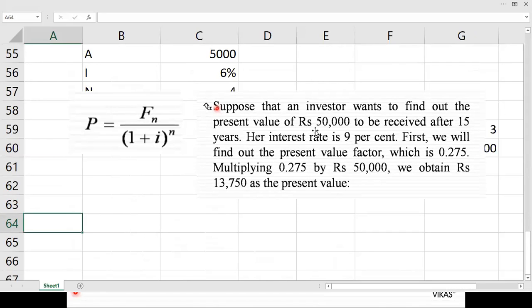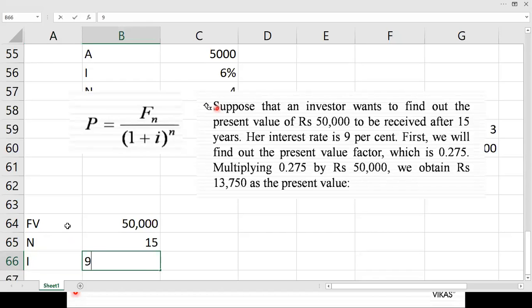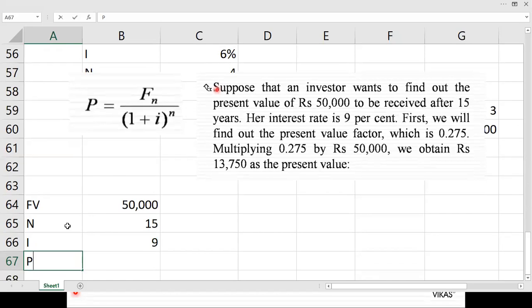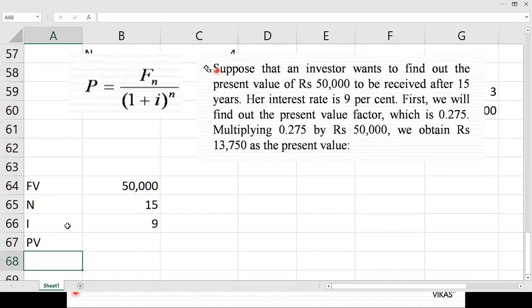Suppose that an investor wants to find out the present value of rupees 50,000. Present value of rupees 50,000 means the future value is 50,000. It means he will receive 50,000 after 15 years. What's the rate of interest? It is 9%. What is the present value of this 50,000?